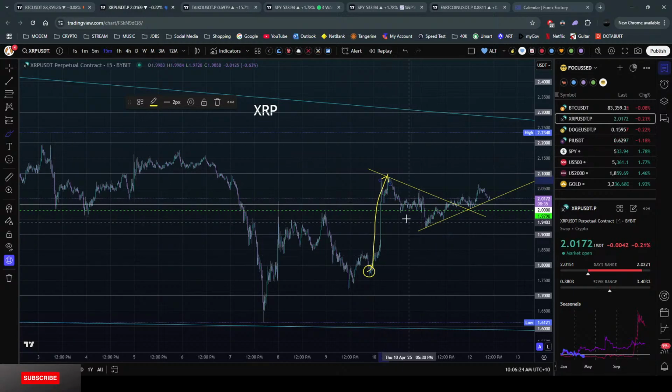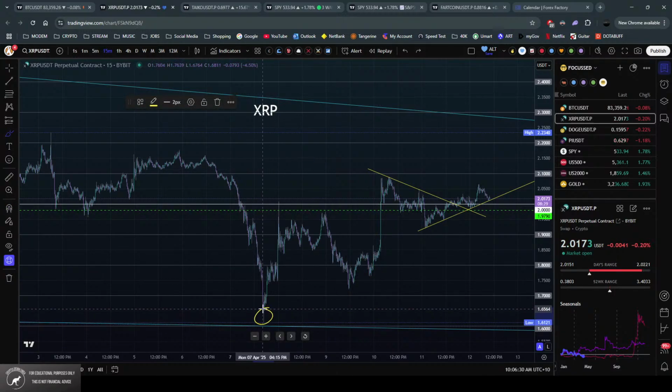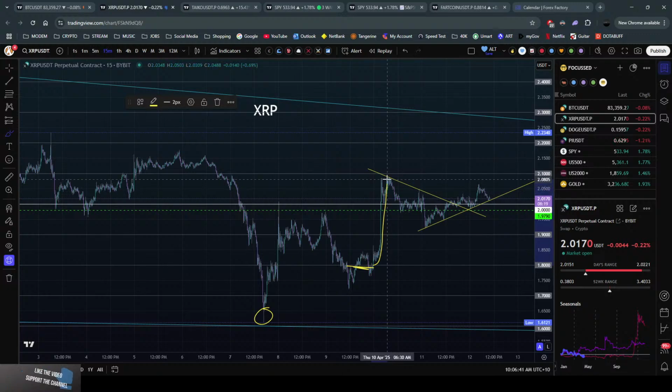I'm just lucky, right? But I did get long somewhere in here. The reason I got long was because we had this low, and this was a significant higher low. So I was like, okay, I'm going to get long in here. I didn't know it was going to come up that high so rapidly.